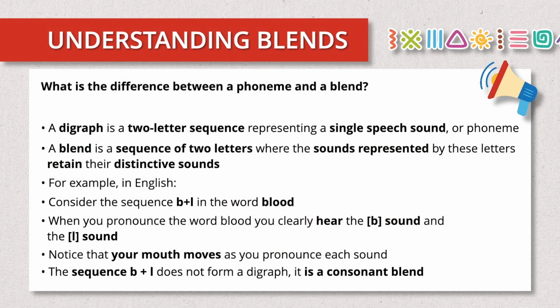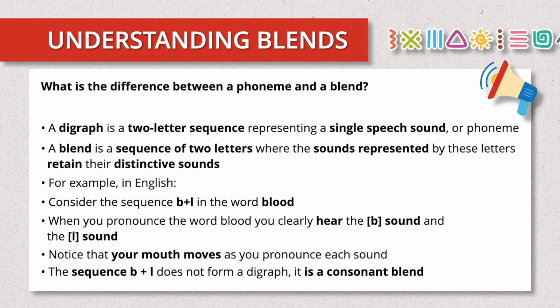What is the difference between a digraph and a blend? A digraph is a two-letter sequence representing a single speech sound or phoneme. A blend is a sequence of two letters where the sounds represented by these letters retain their distinctive sounds.